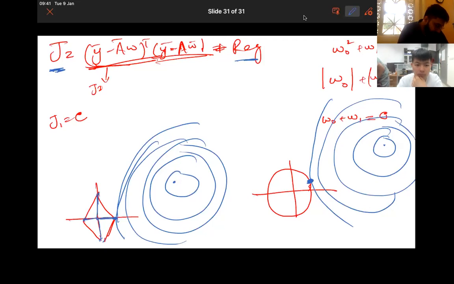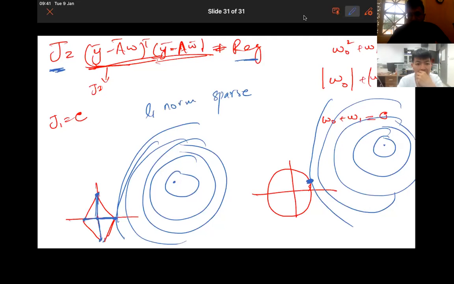You can see that W1 is 0 here, W0 is 0 here. This is a good property called sparsity. You don't need to store all the weights, since you know some of them are zeros, so you can save a lot of memory. The advantage of the L1 norm is that it's sparse. The L2 norm, on the other hand, is not sparse. At this point, neither W0 nor W1 is 0. Some of them can be small, but they're not 0. That's the advantage of the L1 norm over the L2 norm: sparsity.